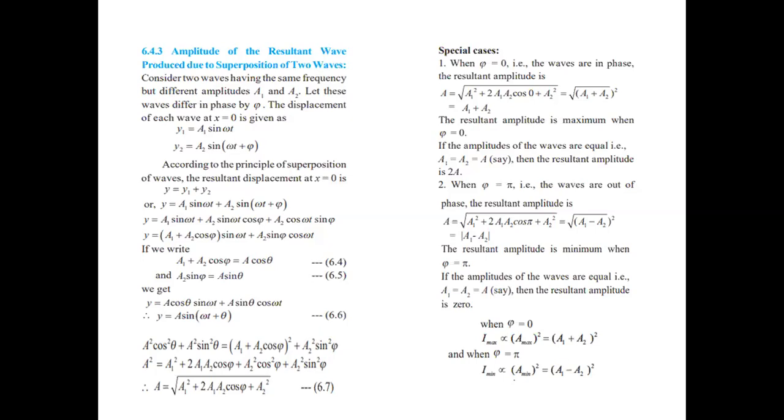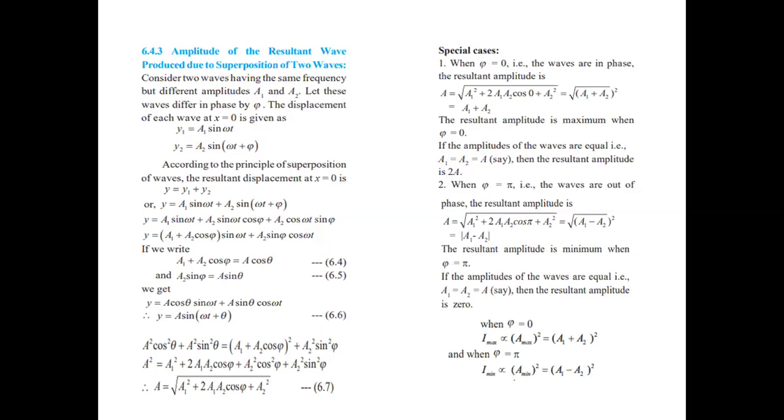Then the resultant amplitude becomes A equal to A1 plus A2. This resultant amplitude is maximum when phi is equal to 0. If the amplitudes of the waves are equal, that means A1 equal to A2 equal to A, then the resultant amplitude becomes 2 times A.